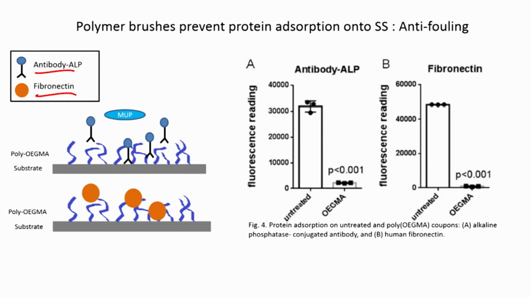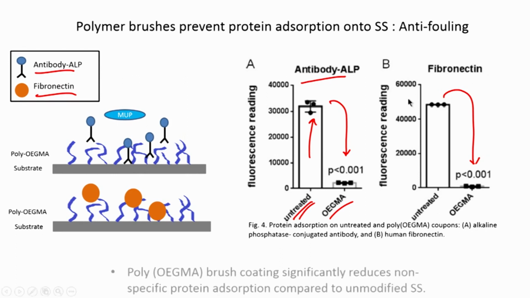What they find is on an untreated surface you get a very high reading of your antibody on the surface, whereas once you modify it with the polymer, this is vastly reduced. The same thing is what they saw, almost no adsorption of fibronectin as well. So, essentially what they are saying is the polyoigma brush coating significantly reduces the non-specific protein adsorption when they compare it to the unmodified stainless steel.